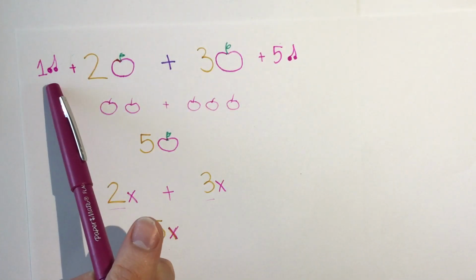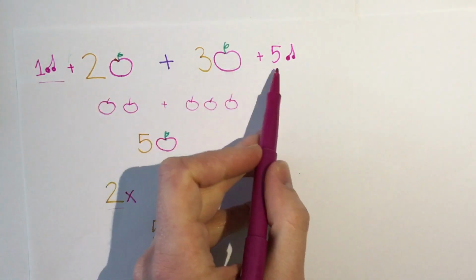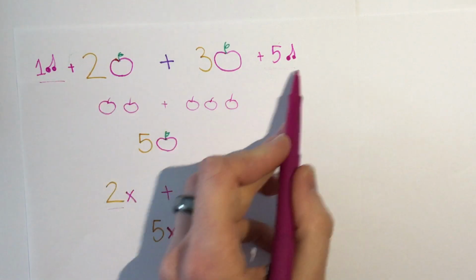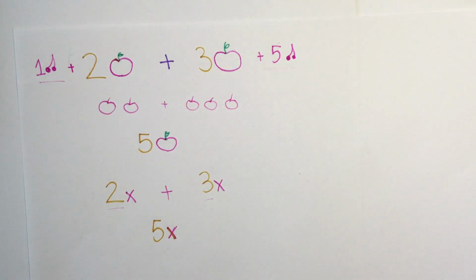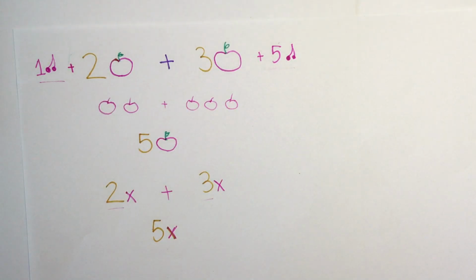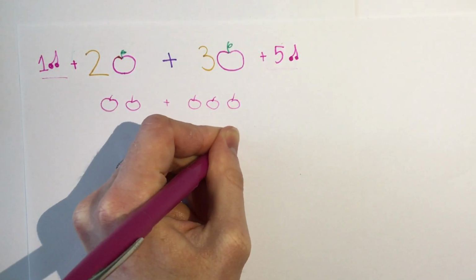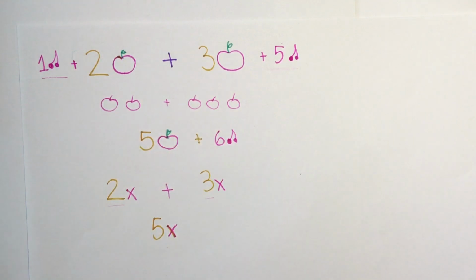Same thing with 3 apples and 1 cherry. Those can't be combined. But here we have 1 cherry plus 5 more cherries. Those can be combined. If we have 1 plus 5, that means in the end we have 6 cherries. So now all of this becomes 5 apples plus 6 cherries. And we know that we can't have apple cherries, we can't combine these. So we just leave it like that.